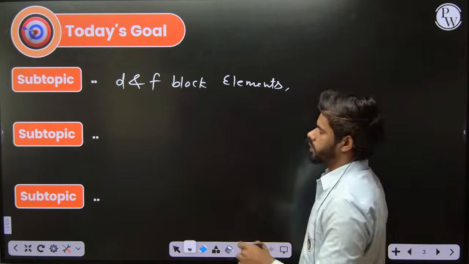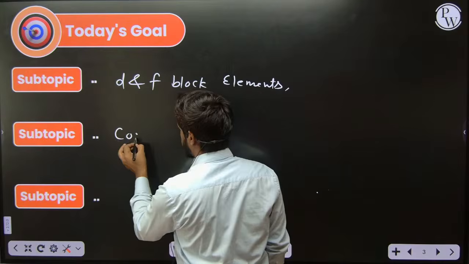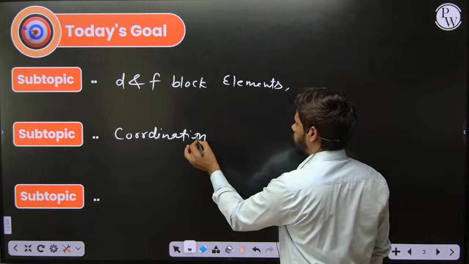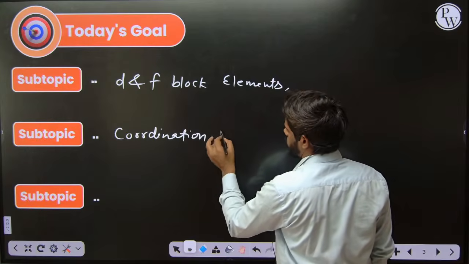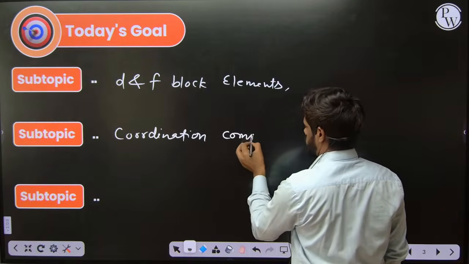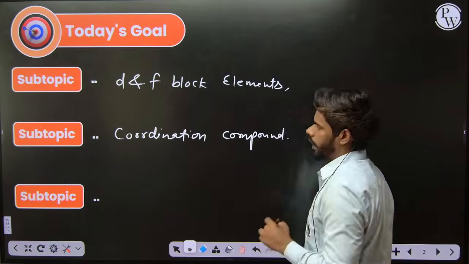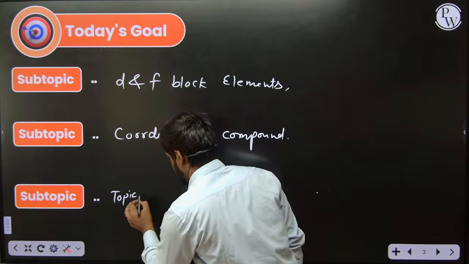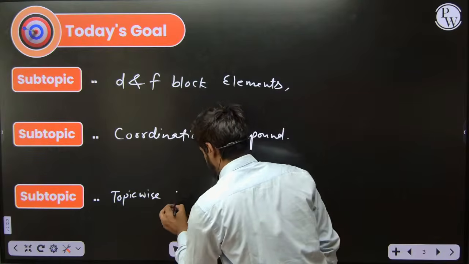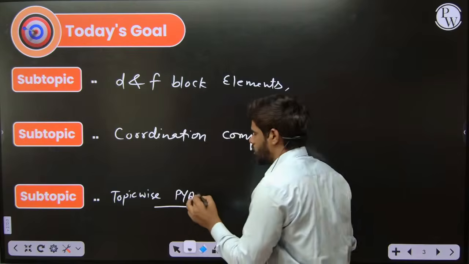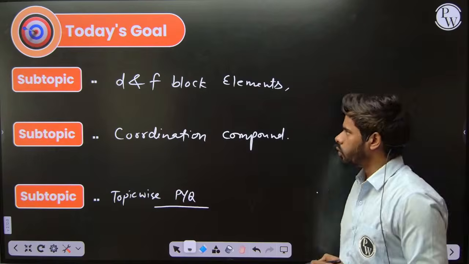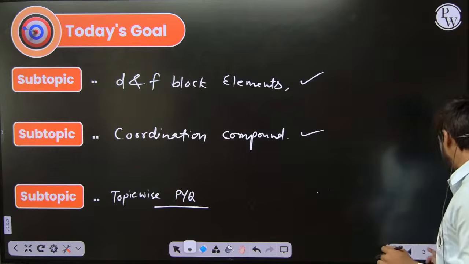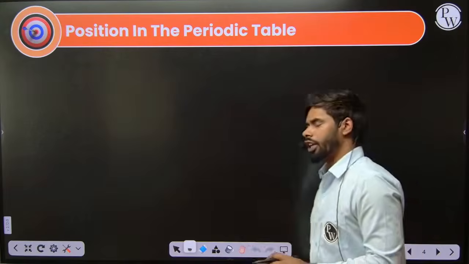Second, coordination compounds. Next, we will do some questions topic wise, that is topic wise PYQ. So this is our motto today: to do D block and F block elements, coordination compounds, and some questions based on them. Starting with the D block elements.